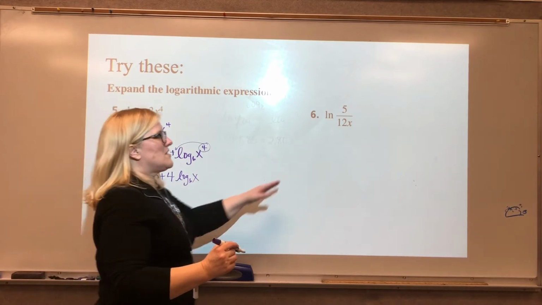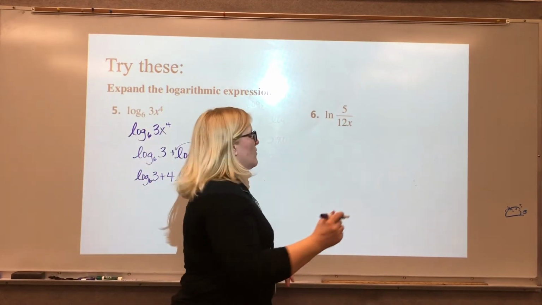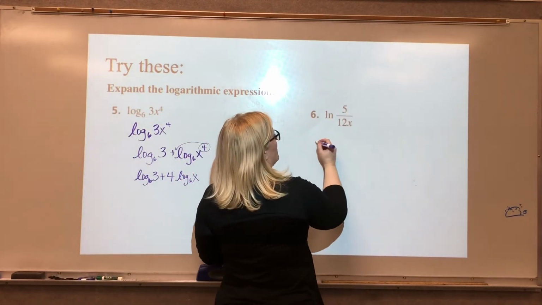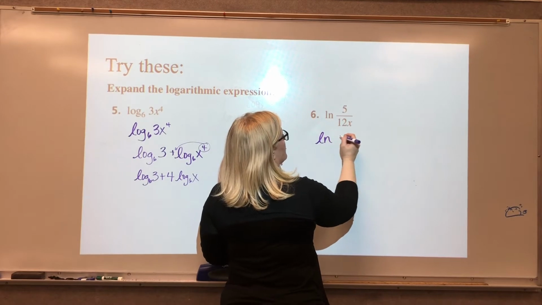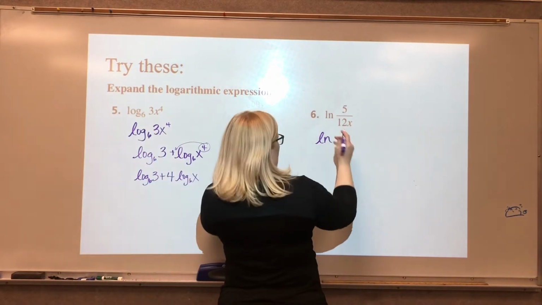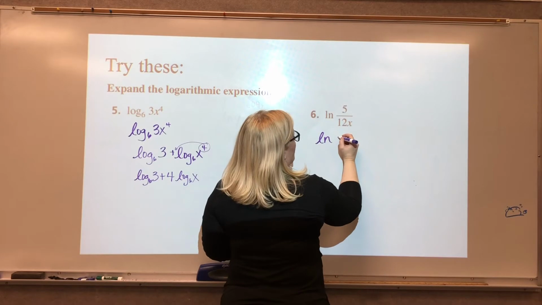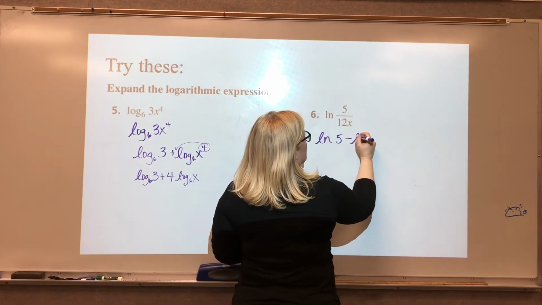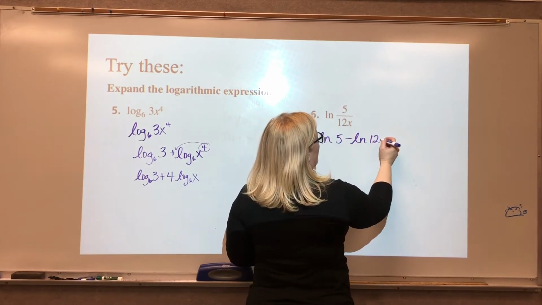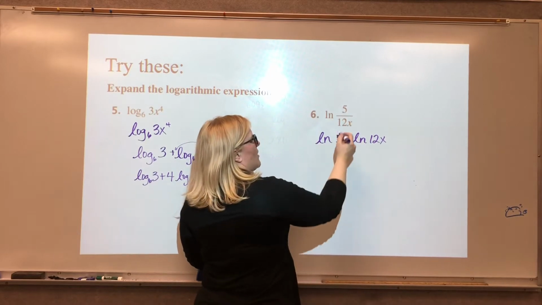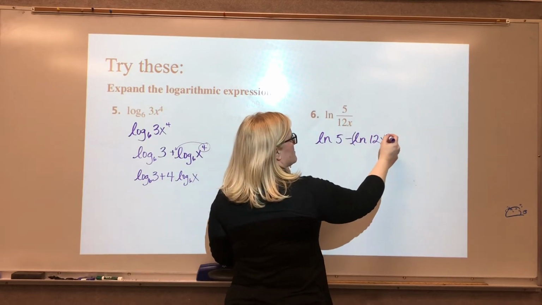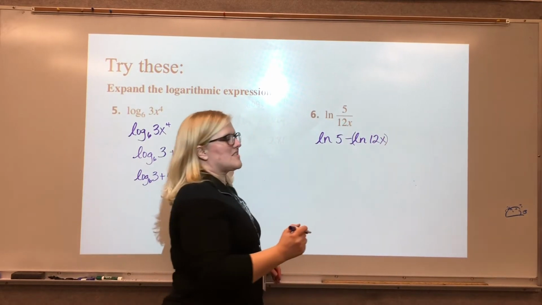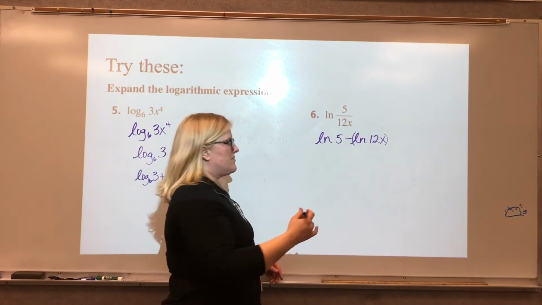Now this one's a little trickier. We've got a division problem, so I'm going to do natural log, and it doesn't matter if it's a log or a natural log. Natural log of 5 minus the natural log of 12x. Okay, well the natural log of 12x is one entity here.